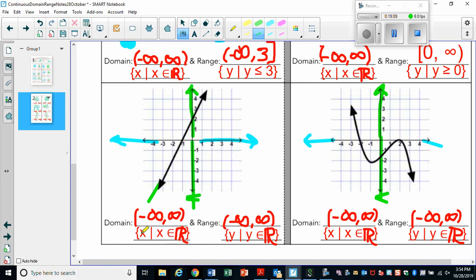Your x is such that x is an element of real numbers, y such that y is an element of real numbers, because again, it could be any real. This function eventually will touch any x value or any y value. It may take a while, but it'll touch.